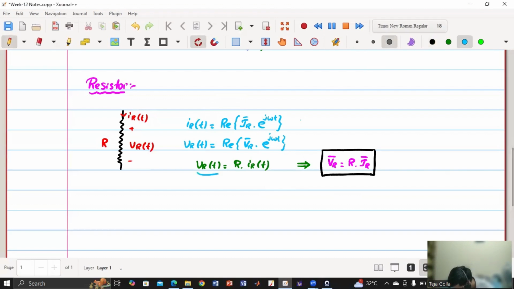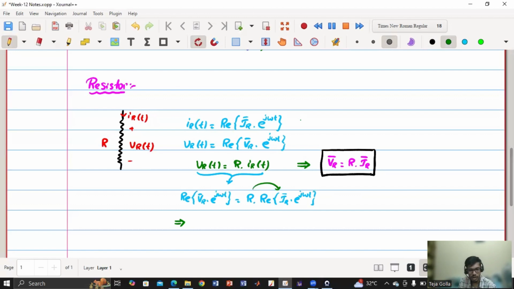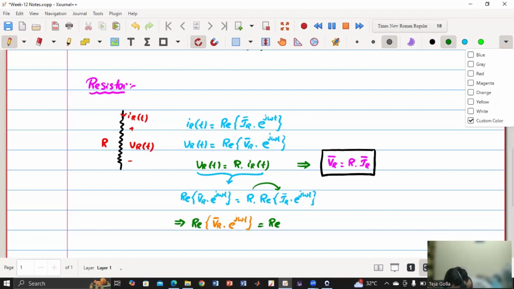So what I'm going to do is I'm substituting everything in this. So VR of t is real part of VR bar into e to the power j omega t, which is equal to R into real part of IR bar into e to the power j omega t. Now I will take R inside. R is a real number, right? It is not imaginary, so I can directly take it inside. So I'll have real part of VR bar into e to the power j omega t is equal to real part of R into IR bar e to the power j omega t.